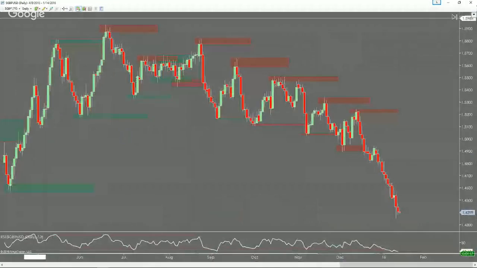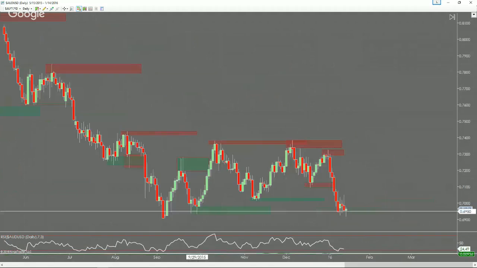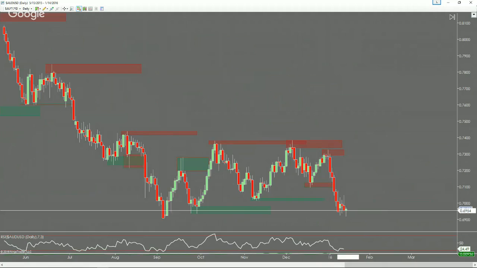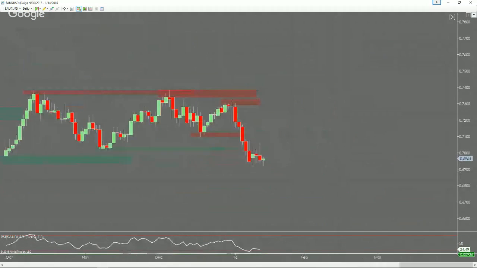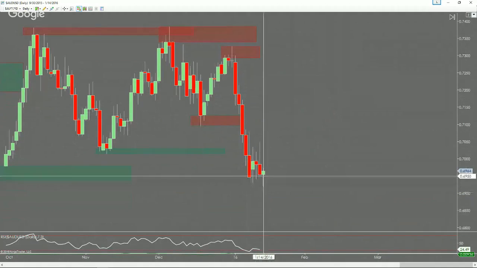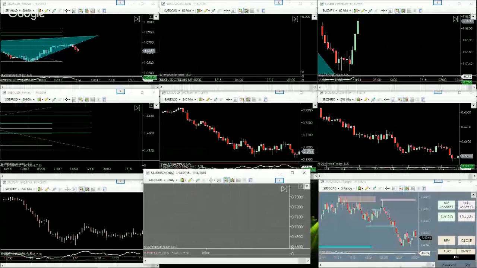So let's go to, I think we have Aussie dollar. We're still in that zone of support, and it's looking like price is finding some good support level right there, playing around that area and also giving you some divergence on your RSI.